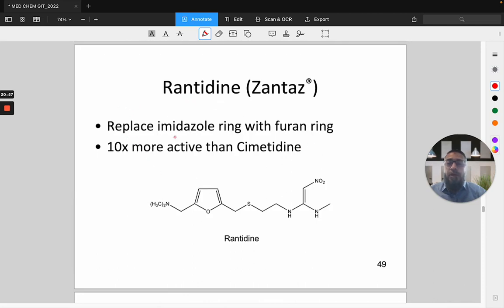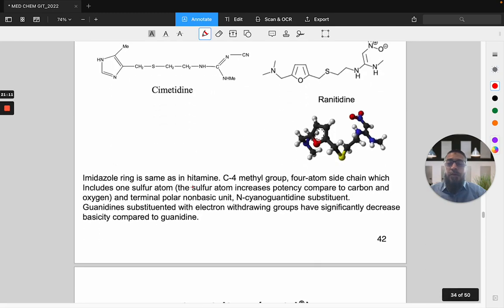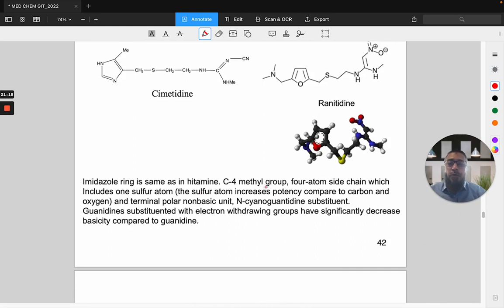In ranitidine they replace the imidazole ring of cimetidine with a furan ring. It is 10 times more active than cimetidine. The imidazole ring is the same as in histamine, but the C4 group is a methyl group, and the 4-atom side chain includes sulfur.